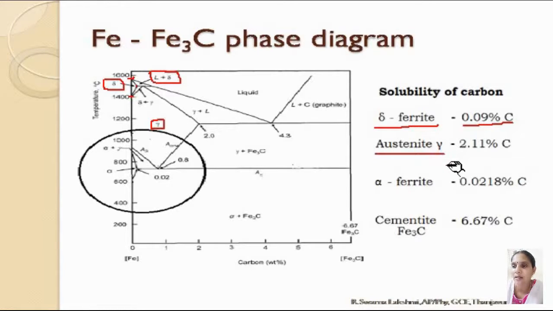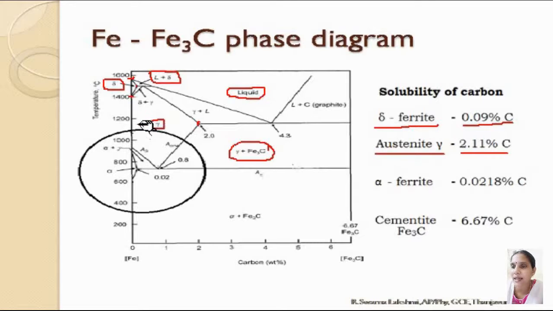Austenite, popularly denoted as gamma phase, is FCC iron, and the limit of solubility of the austenite phase is 2.11 weight% carbon. This horizontal line across which a liquid phase is transformed into a combination of austenite and cementite is known as the eutectic line.